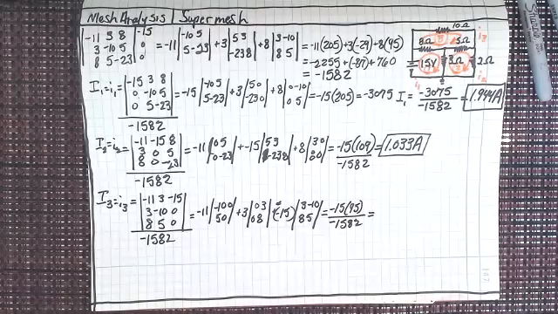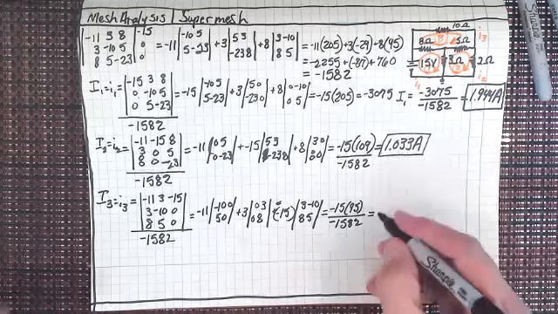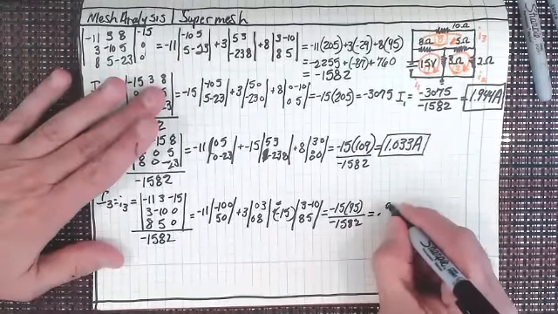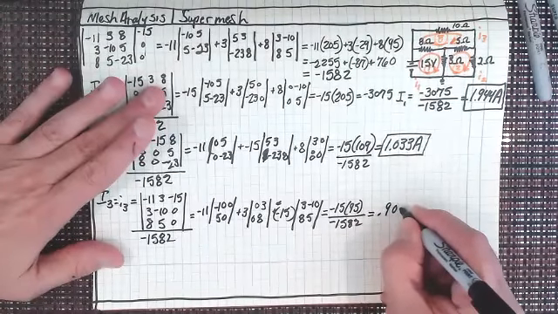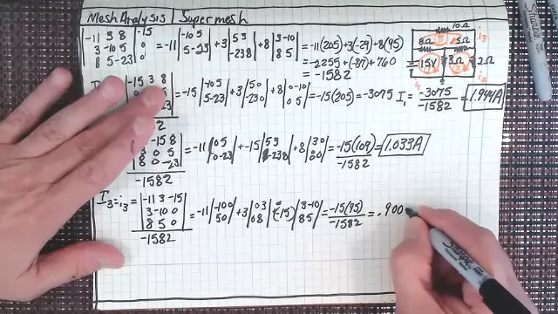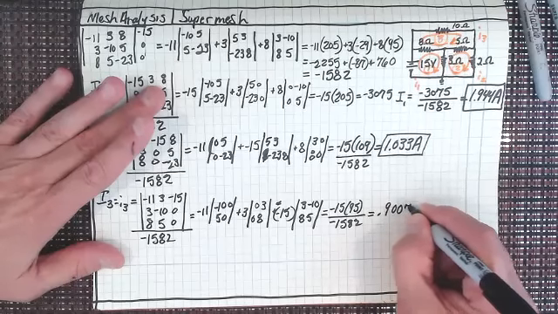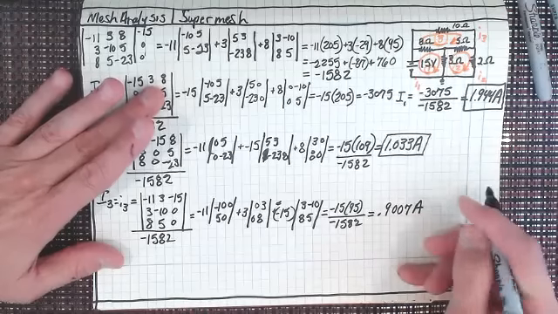And let's just see what that is. So 15 times 95 divided by 1582 gives me 0.9007 amps.